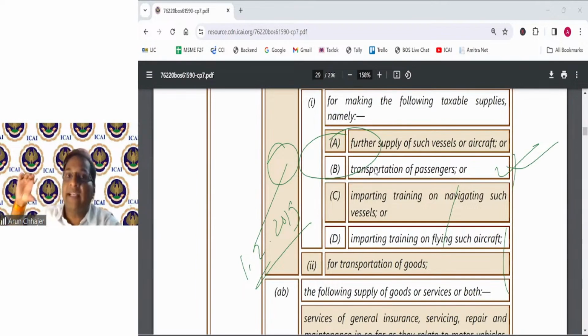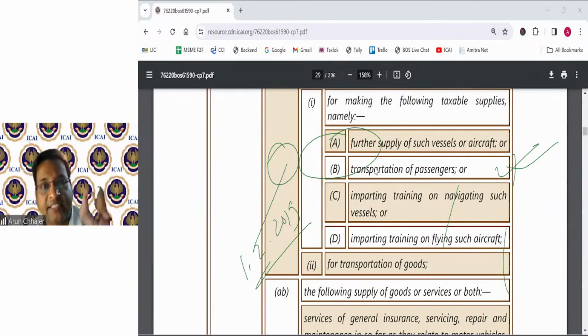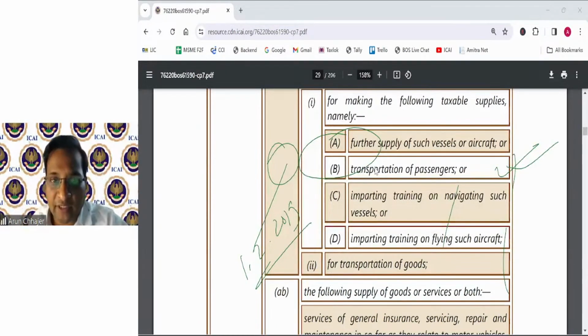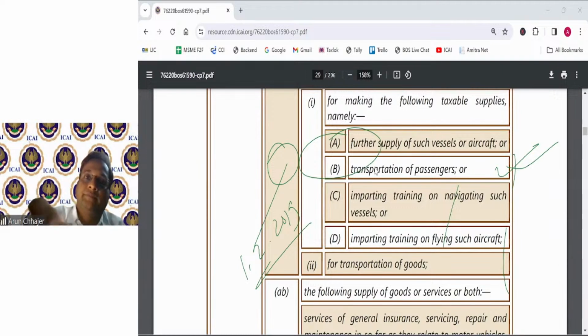But if it is covered in any of the exceptions, further supply, used for the training, or used for the transportation of passenger, then even if it is less than 13-seater, even if it is a passenger vehicle, ITC would be allowed. So primarily we can see in the clause, if it belongs to the same category as the outward supply, because if we are purchasing the motor vehicle and using it for further supply of that motor vehicle, ITC would be allowed. So in your question, Aniket, less than 13-seater, if it is used for the transportation of passenger, obviously yes, ITC would be allowed. Correct.